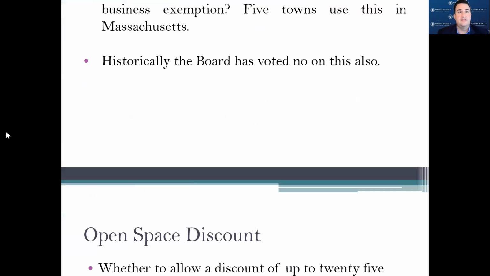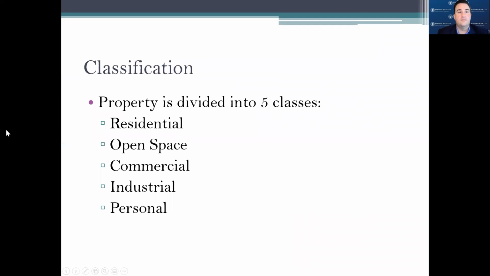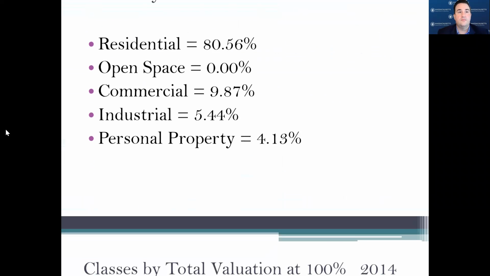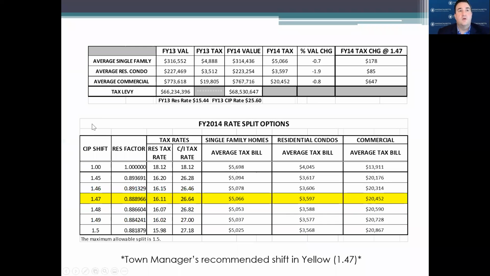Okay, so this is information when you're looking at the options table. That was one of the first things that we looked at. You really want to look at average single family. That's a metric that every community really uses to gauge what the impact is.